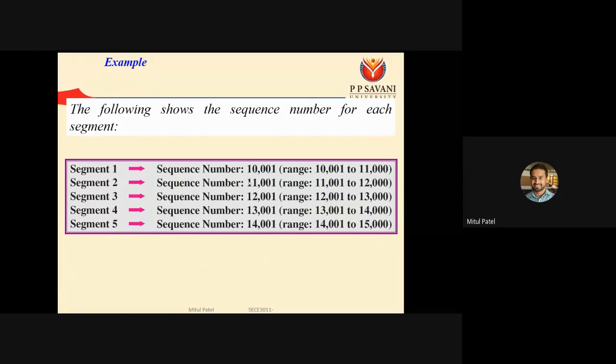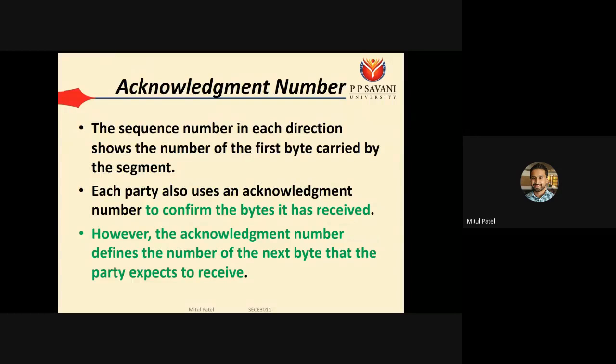We need to identify that this is the acknowledgement of segment number 1. The sender should have some mechanism using which it can identify that this is the acknowledgement of segment number 1, this is the acknowledgement of segment number 2. For that we require the acknowledgement number.